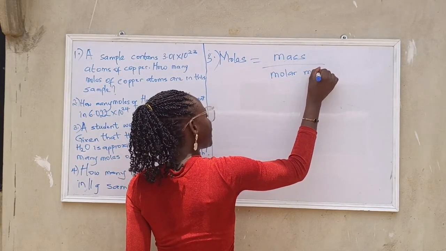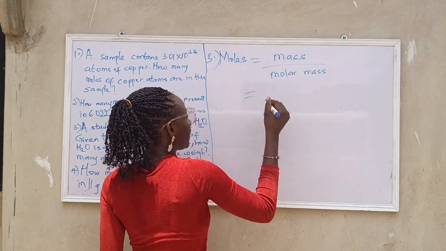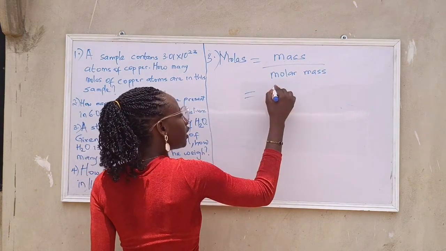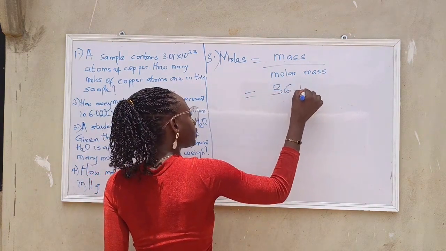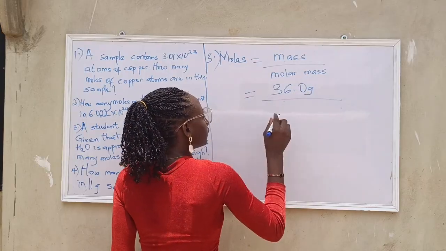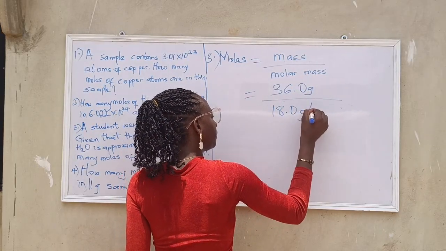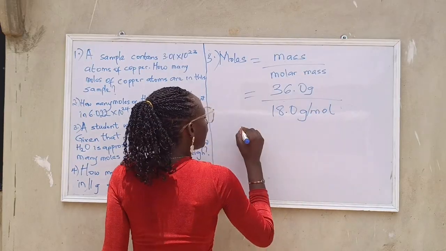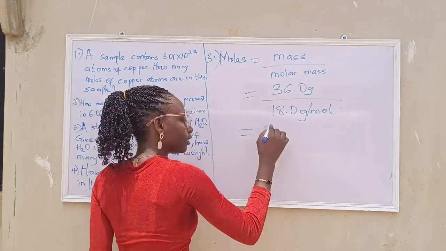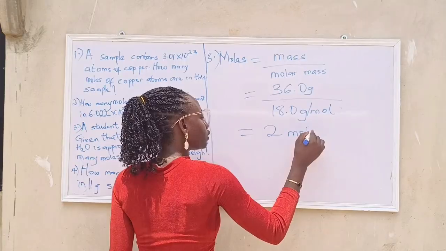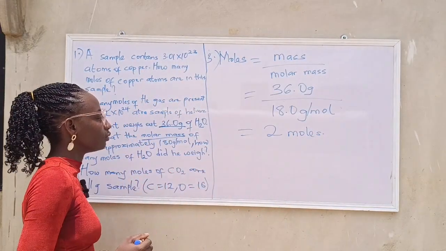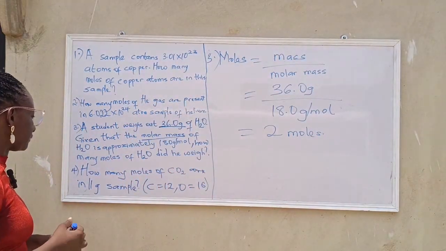This question has already helped us by giving us the molar mass. So we just have to input the values, which is 36.0 gram over 18.0 gram per mole, and the answer is 2 moles. So you weighed 2 moles of water.